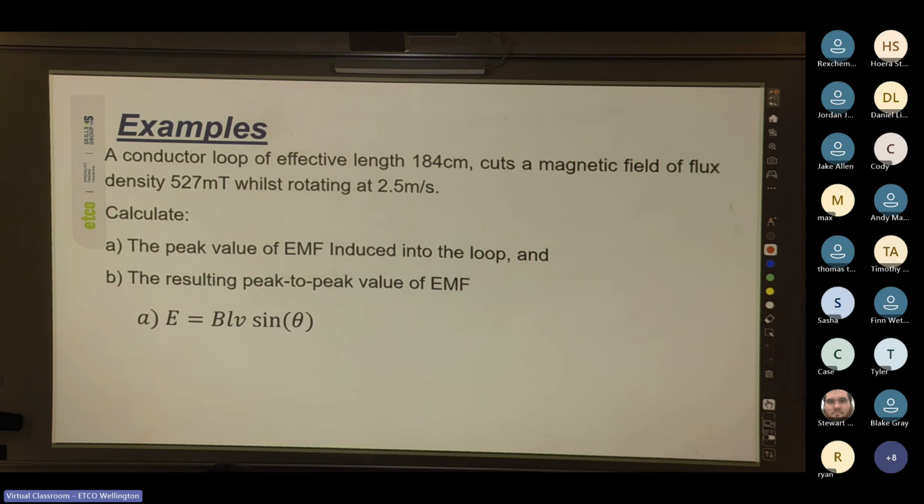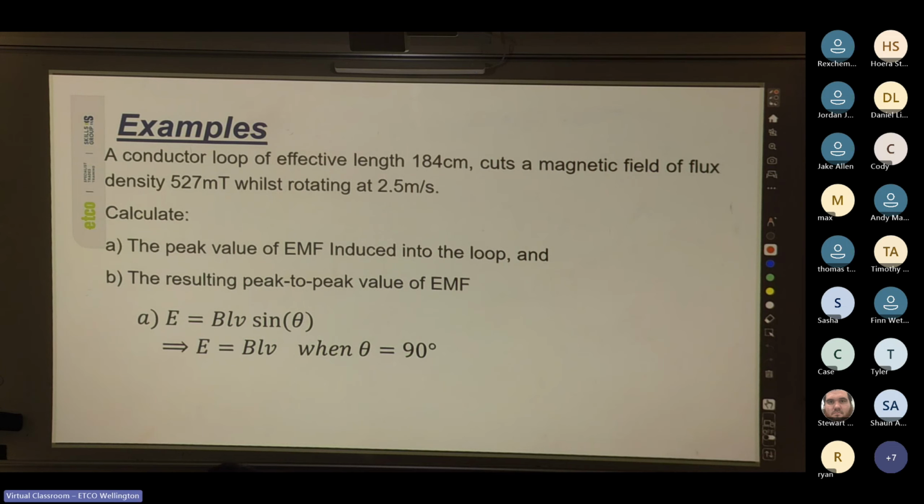So remember, E equals BLV sine theta. We ignore the sine theta when we're looking at 90 degrees. So E equals BLV when theta equals 90 degrees. We're looking at the peak, so that's why we're ignoring sine theta and going straight to BLV.